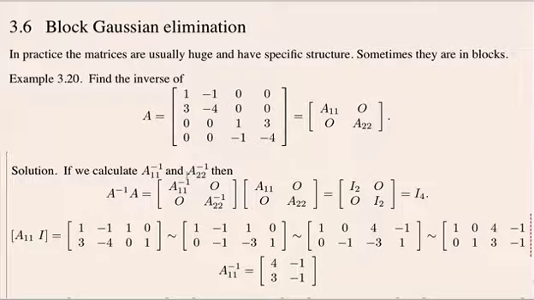All right, so in this case we need A11 inverse, and we use this augmented matrix technique, the Gaussian elimination. So we do the elimination and we get the identity matrix on the left, and whatever we have on the right, that's the inverse of A11.